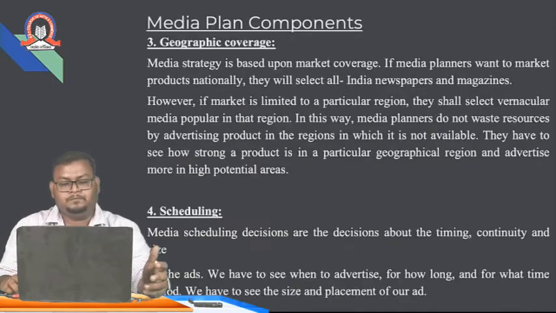Okay, let us move to another component. The third component is geographic coverage. Geographic coverage is very easy to understand. We have to select a particular geographic area we are going to cover, and we have to plan our media vehicle like that.